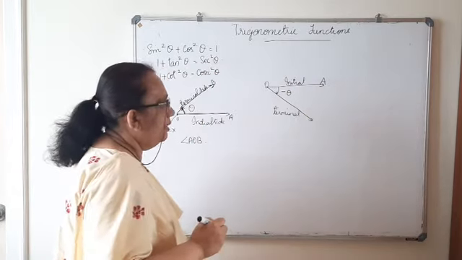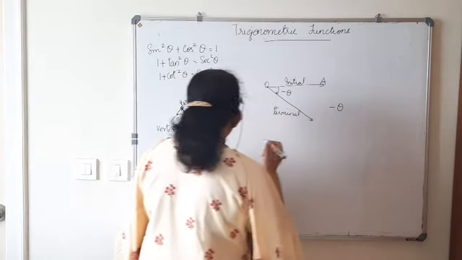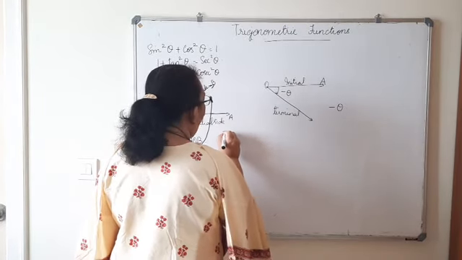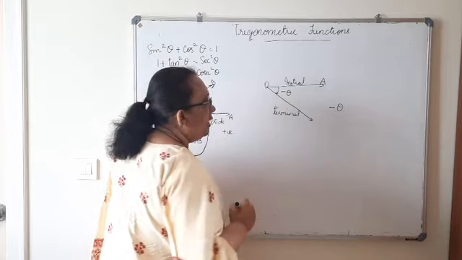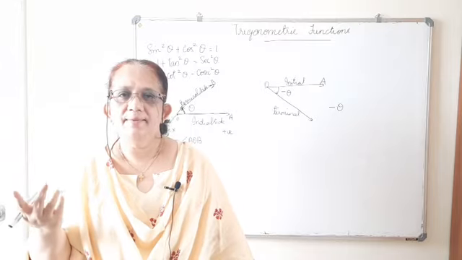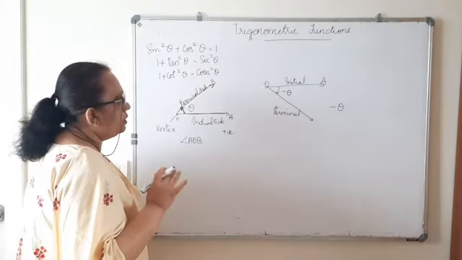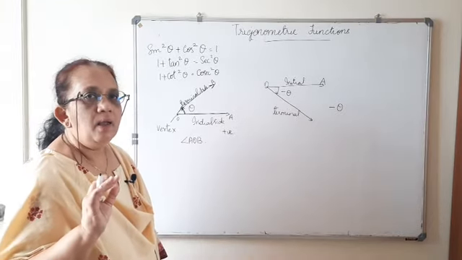But in the clockwise direction, the angle becomes negative, whereas in the anti-clockwise direction, the angle becomes positive. So we can have two types of angles: the positive angle and the negative angle. This is also important.